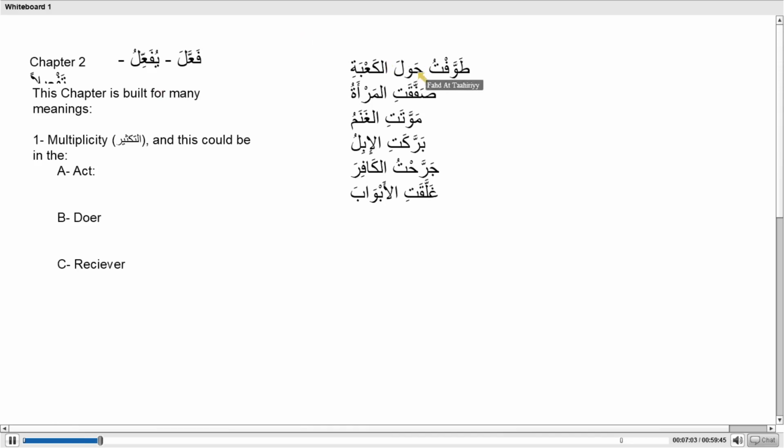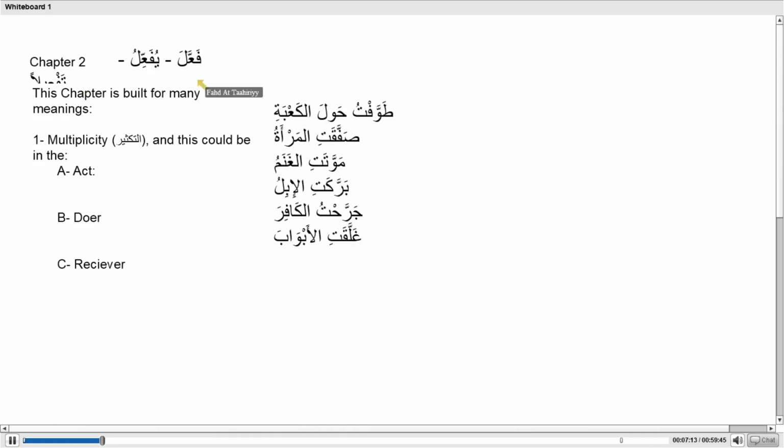So for example, you say طوفت. طوف is the ta and the waw and the fa.